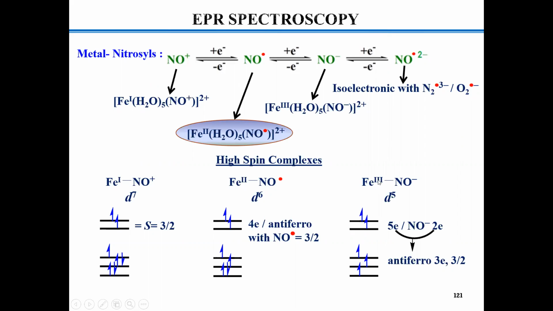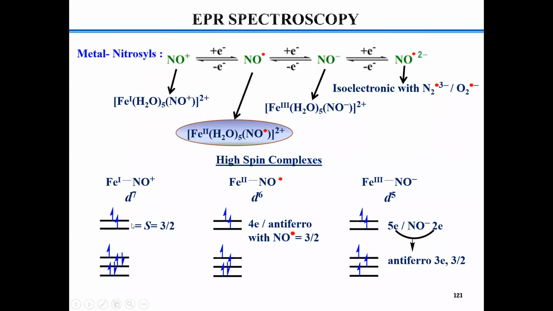So basically 1 could be balanced, then 2 plus, no problem. And NO minus, you know that NO configuration, pi star orbital, 1 unpaired electron for NO dot. And if you put the second electron, that is NO minus, which would remain parallel. Okay, NO minus with a spin pairing requires extra energy. So in most cases it will remain parallel. So there are 2 unpaired electrons here.